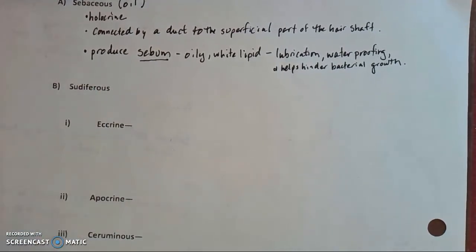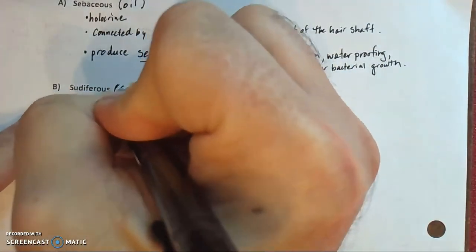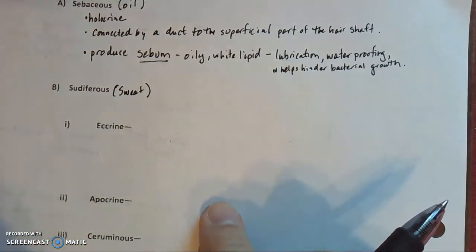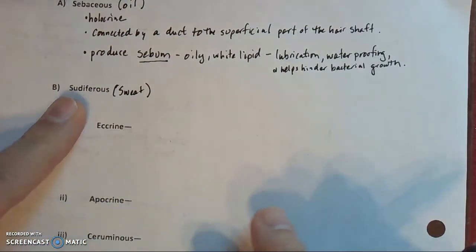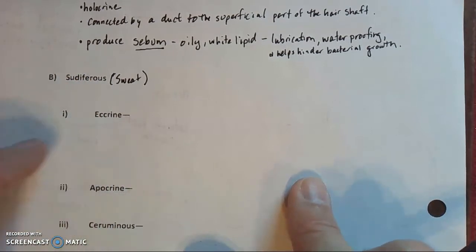The next category of glands are sudoriferous glands, or sweat glands. And we have several different types of glands that are sudoriferous. We have eccrine and apocrine sweat glands.